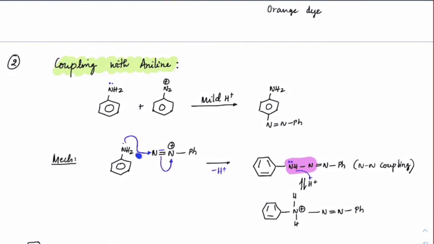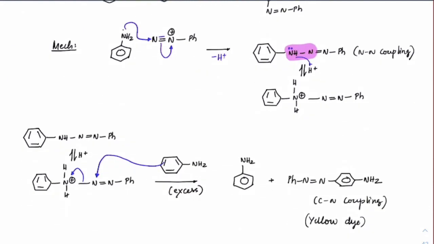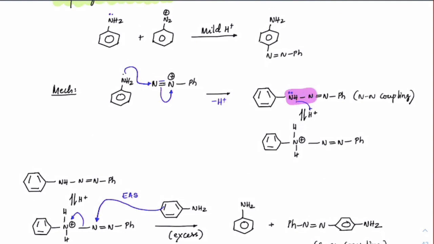To avoid this, first we have to create a complex like this, then increase the electrophilicity on nitrogen here and add an excess amount of aniline. Then the pi bond, electrophilic aromatic substitution will take place, EAS on this nitrogen, removing that aniline. So not directly in the first step will we see electrophilic aromatic substitution.